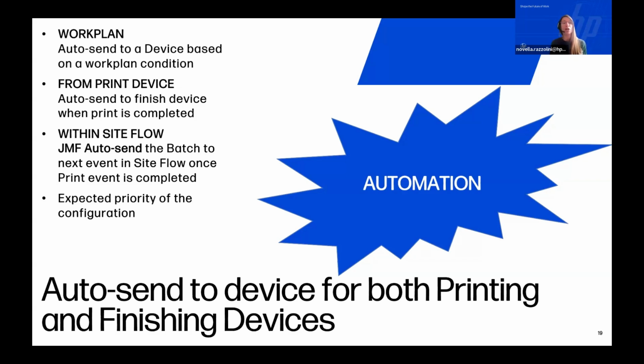From an initial work plan condition a batch can automatically be sent to a device using a JDF template assigned in the work plan. And from that printing device, it can now be configured to automatically send to the finishing device via another JDF template assigned also on the work plan, and move to the next event via JMF response when the event is completed.